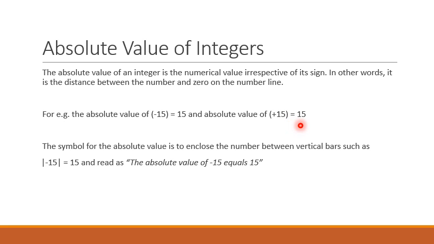So irrespective of the sign, whether the integer is positive or negative, its absolute value remains the same, which is its numerical value. The symbol for absolute value is to enclose the number between two vertical bars as shown here. So here it shows minus 15 between two vertical bars and it is read as the absolute value of minus 15 equals 15.